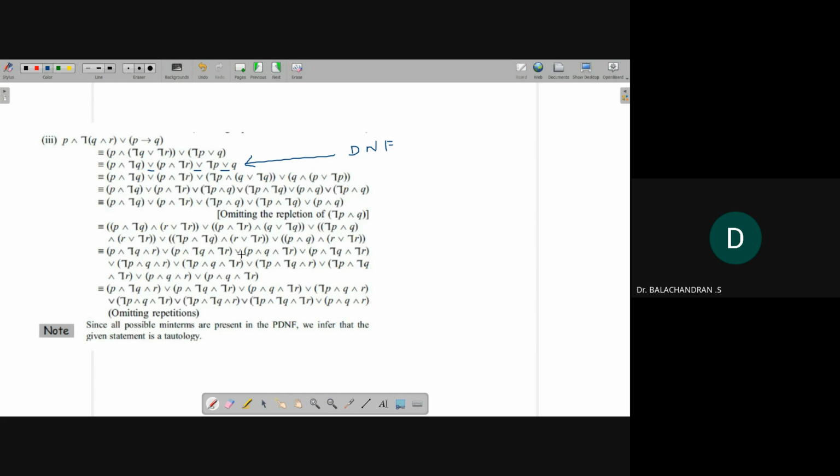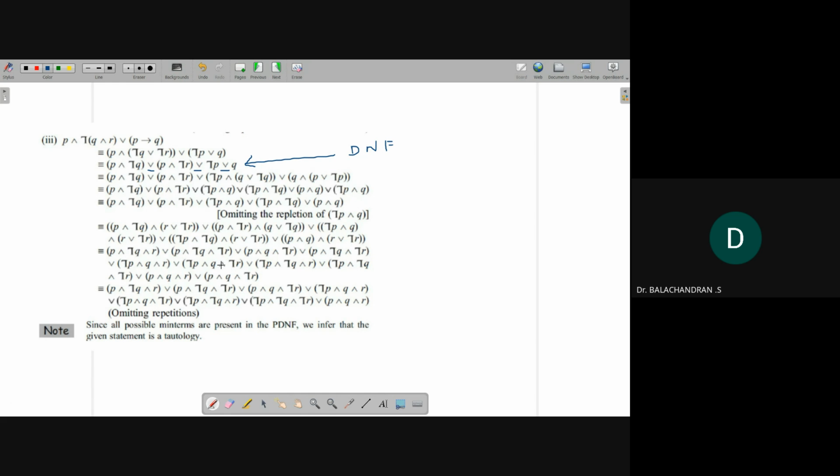Now totally 5 into 2, 10 terms will come: 1, 2, 3, 4, 5, 6, 7, 8, 9, 10. Out of these 10, we need to check carefully how many of them are repeated. Remove the repeated terms.